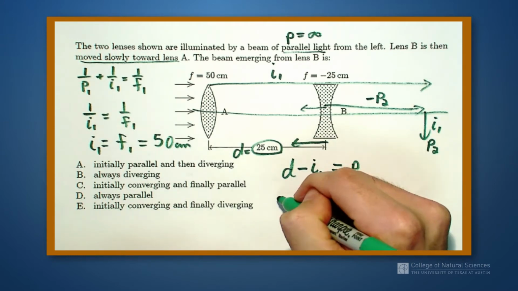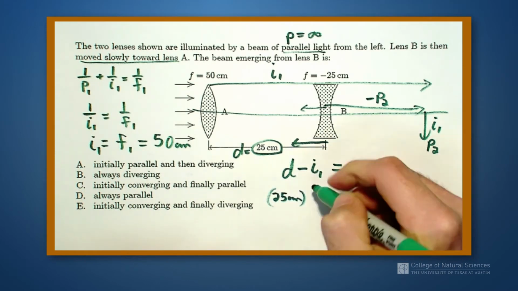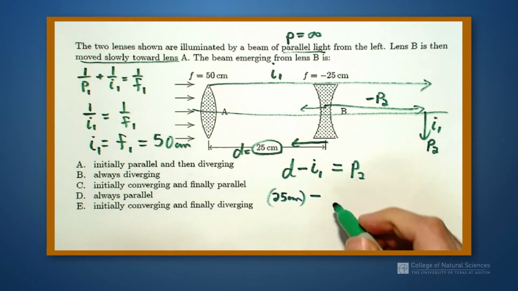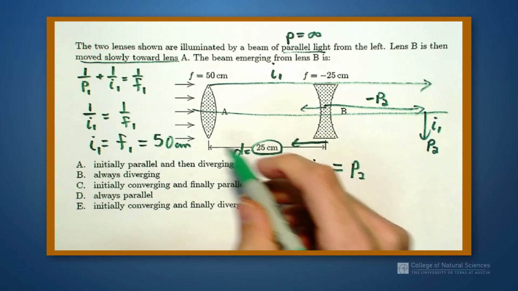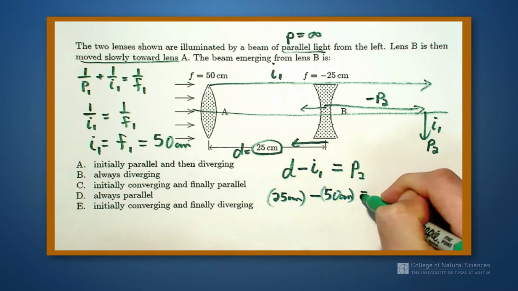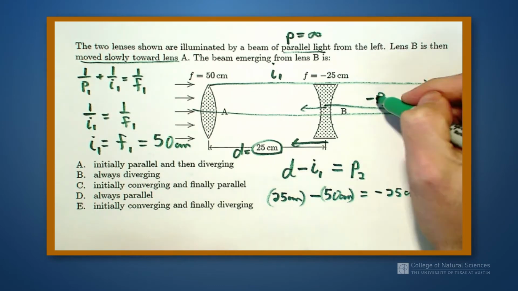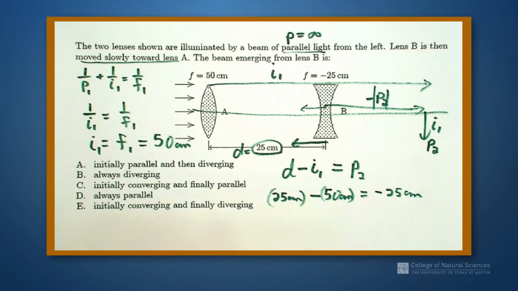So my distance between the two is 25 centimeters. And my original image distance, which I just solved for, was 50 centimeters, which means my P2 is a minus 25 centimeters. And that's what I was expecting. I was expecting a minus sign to show up there. So P2 is equal to minus 25 centimeters.